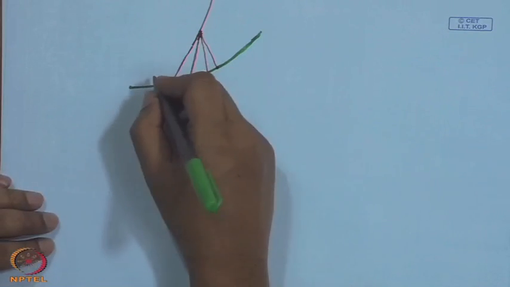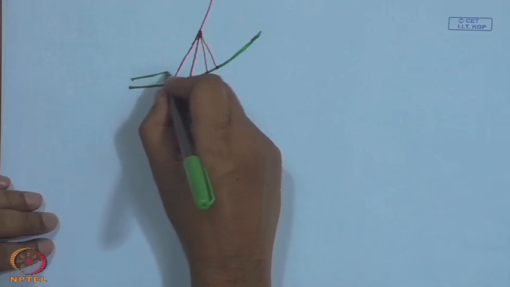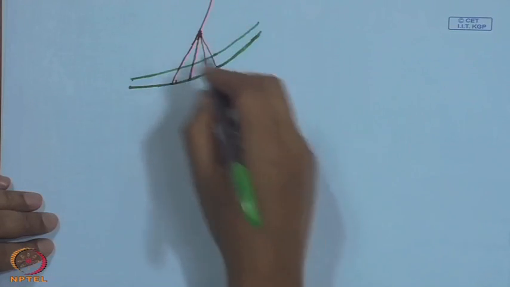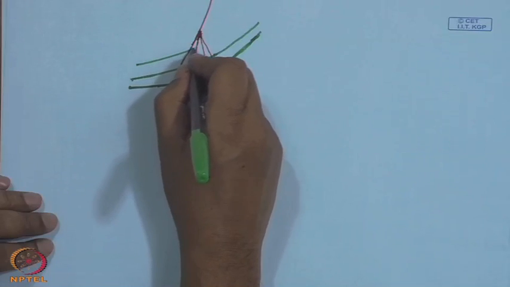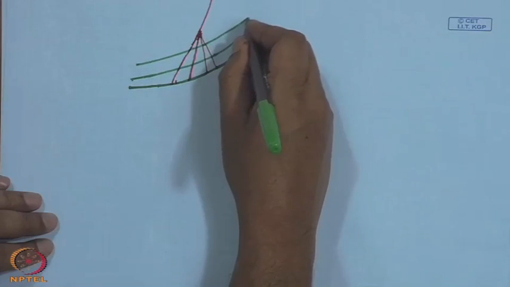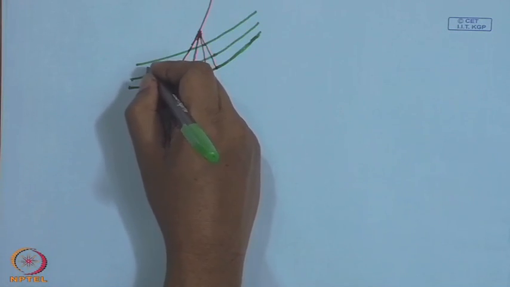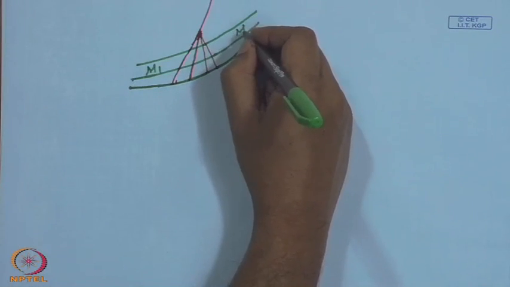We consider one or two streamlines close to the wall. Of course, in the inviscid flow, the streamlines will be parallel to the wall. Let us say that the Mach number here is M 1 and the Mach number here is M 2.